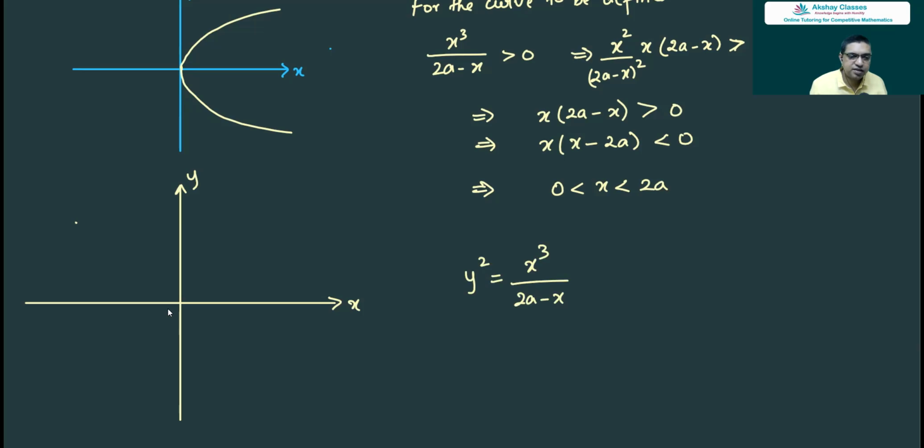Now, this is 0 and this is, say, 2a. So I'll just draw this line. This is a common problem that comes in entrance exams, this particular function. How to trace it?